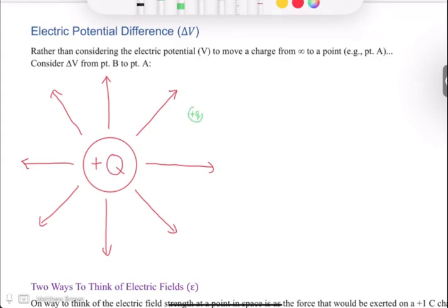So remember, if we're dealing with potential difference, we're dealing with this sort of hypothetical, right? We're kind of dealing with that, and so maybe this is at some point A, and then I could have some other point here B, right?